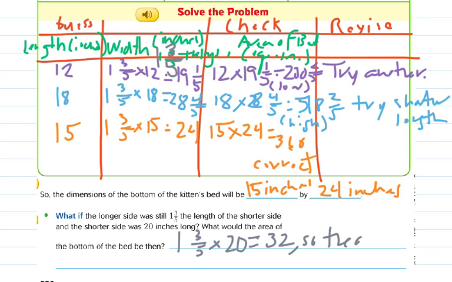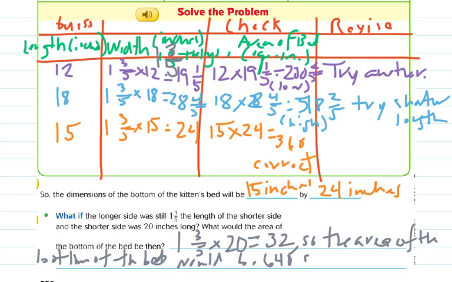So the area of the bottom of the bed would be 640 square inches, because it would have to be 20 by 32.